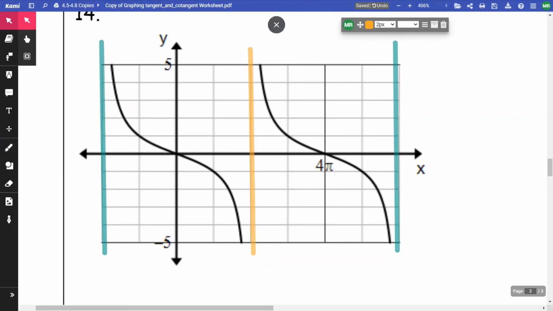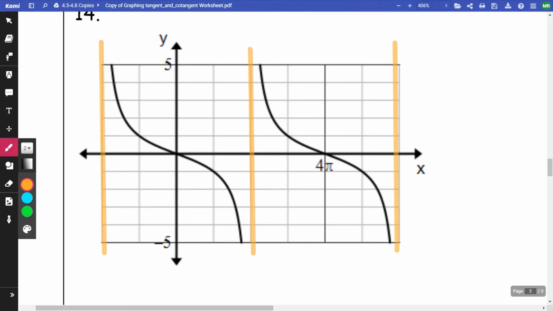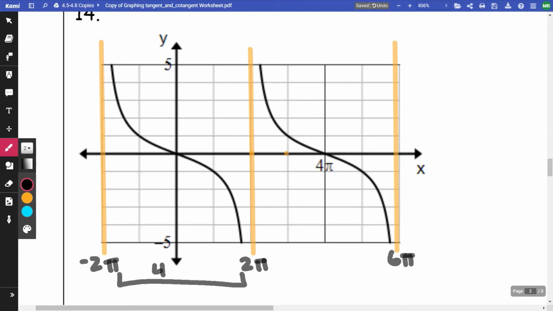So looking at these, it looks like each of these marks is pi, 2 pi, 3 pi, 4 pi. So I'm going by pi's. Each mark is a pi. So this is going to be at 2 pi. This is at 3, 4, 5, 6 pi. This is at -2 pi. So basically my period is 4 pi. So going between any of these, that is a 4 pi.